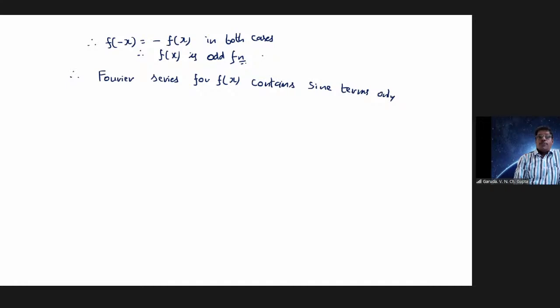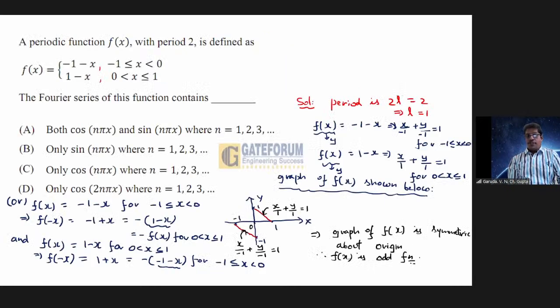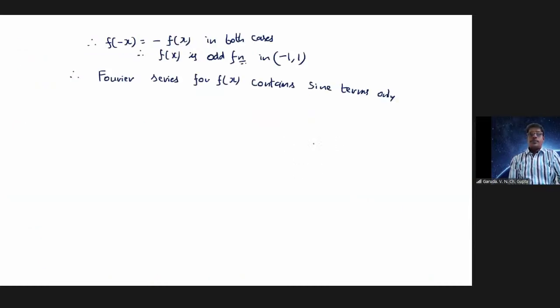Here, it is an odd function in the interval minus 1, comma 1. Okay. Similarly, here f of x is an odd function in the interval minus 1, comma 1, closed interval. Okay. This is also I can put.